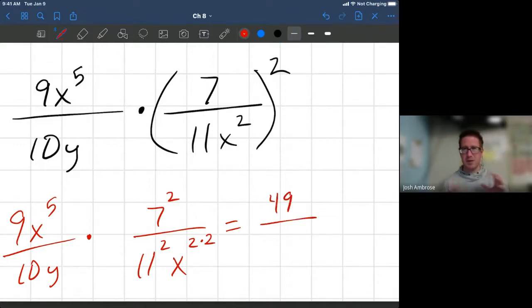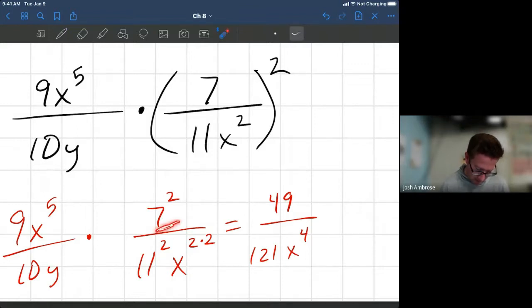I'll have to do a little bit of erasing, and in your notes, maybe rearrange it best you can, over 121 x to the 4th. Okay, 7 squared is 49. 11 squared is 121, and x, 2 times 2, is x to the 4th.